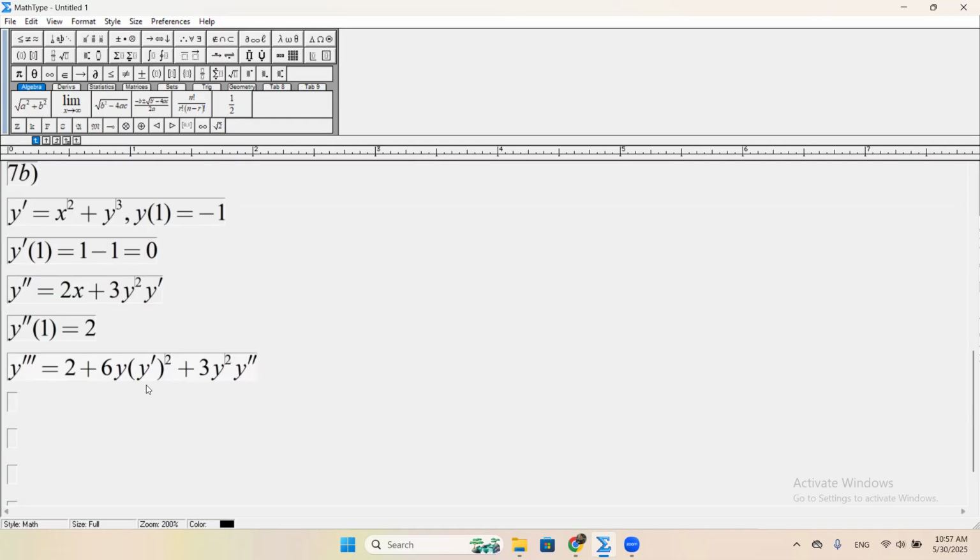So we received this expression. So this y prime will be equal to 0. Okay, so calculating the value of this derivative at point 1, what will it be? So 2 plus 0 and plus 1 by plus 3 by 2, so plus 6, it will be equal to 8. So we calculated the first terms.